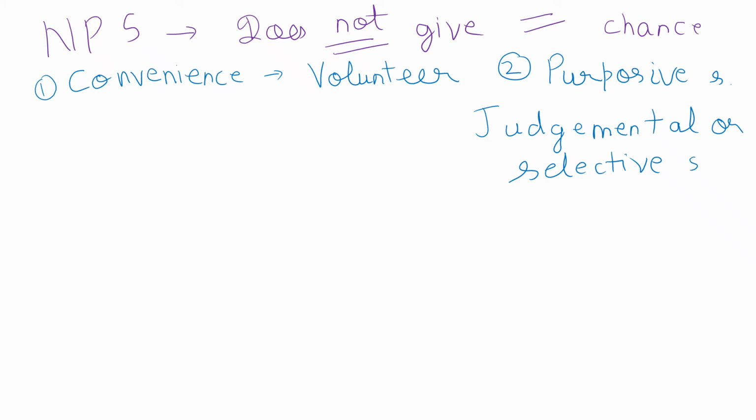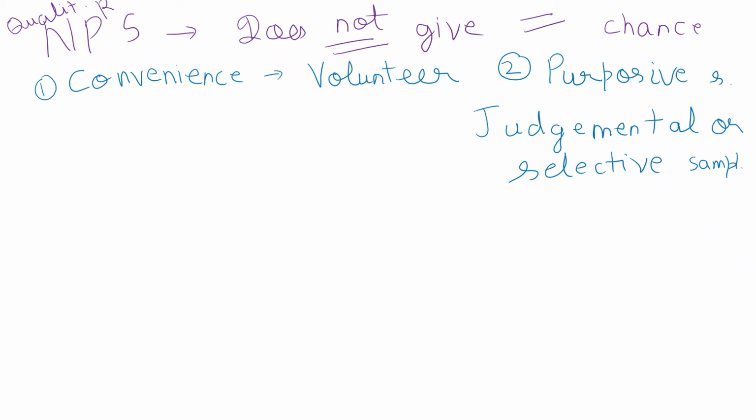As it is obvious that probability sampling is used in quantitative research, non-probability sampling will be used in qualitative research.